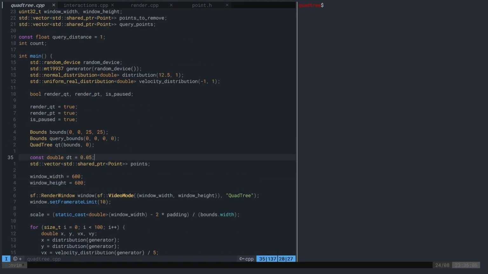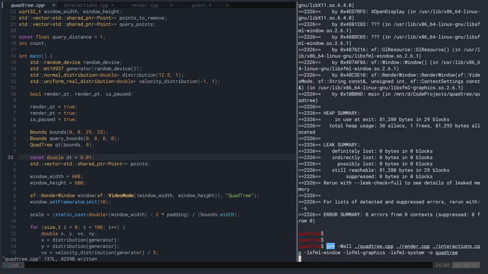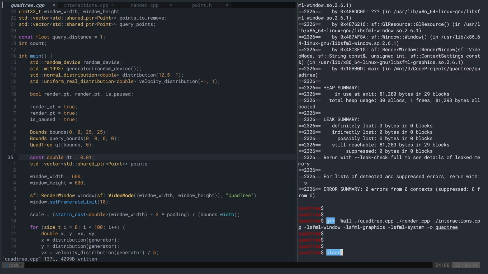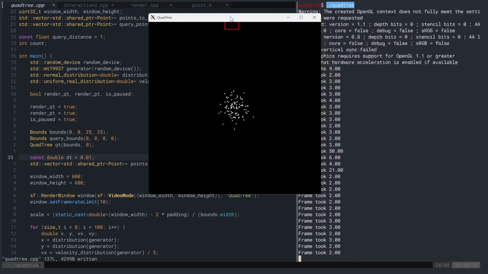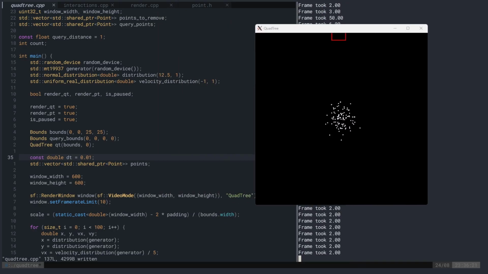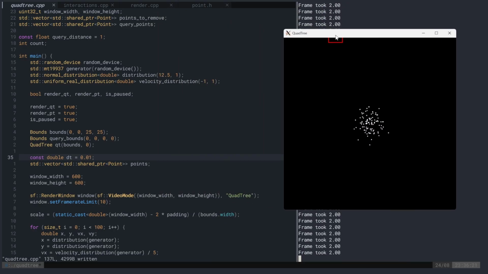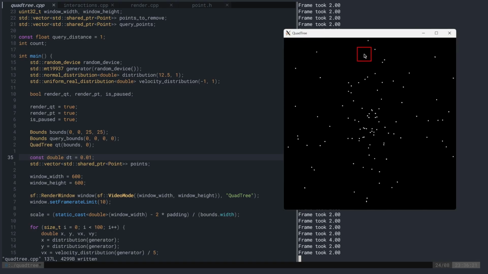And I'm also going to reduce the delta time. So let's compile this again. I'm going to run this just as it is. I'm going to turn off the QuadTree display, and then you can just see. There you go. You can see that the particles are actually bouncing away from each other.